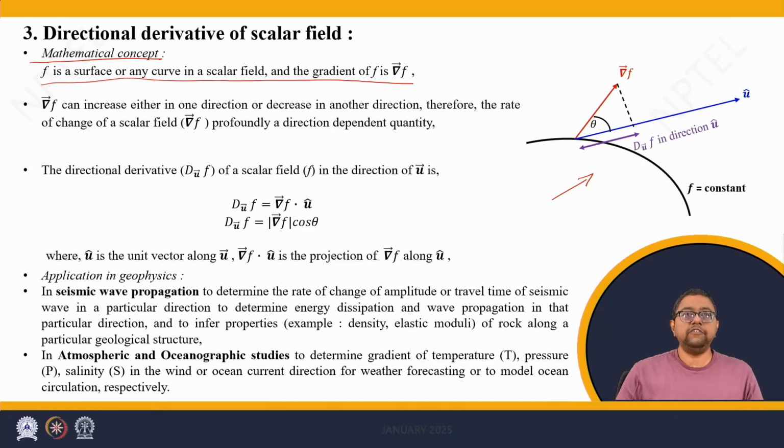In this figure, f is a surface or any curve in a scalar field, and the gradient is shown as gradient of f. Now the gradient is calculated using the formula we discussed in the previous slide. This represents the direction of the scalar field.